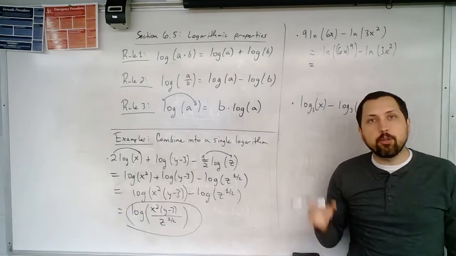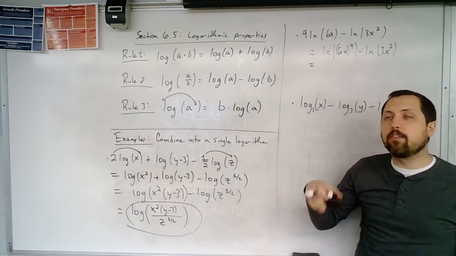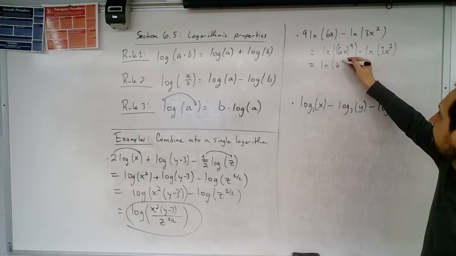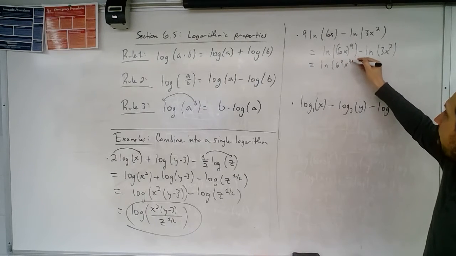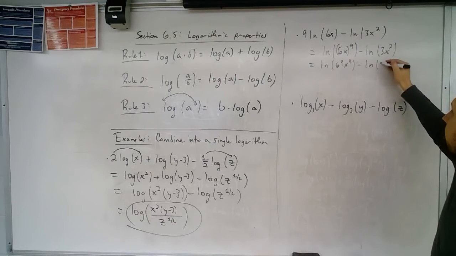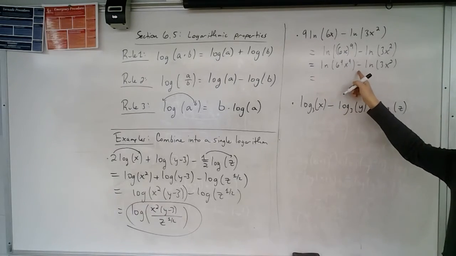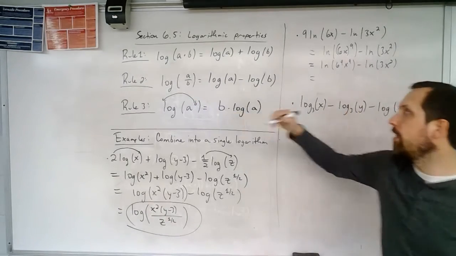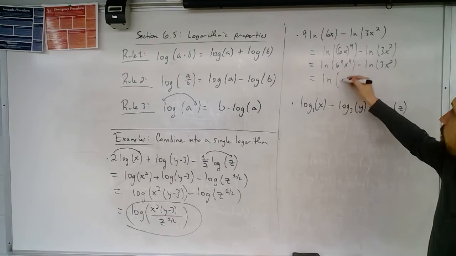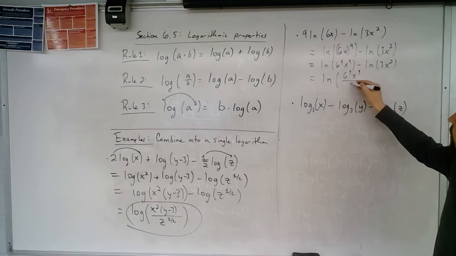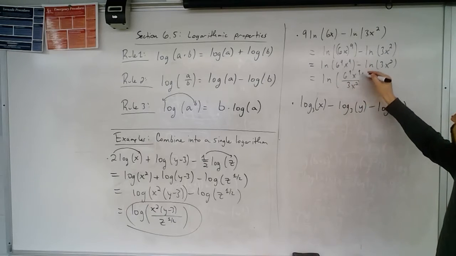So if you'd like, you could use your regular rules of exponents and simplify this. So this will be natural log of 6 to the 9th times x to the 9th minus natural log of 3x squared. Now because I have subtraction on the outside, that becomes division on the inside. So I have natural log of 6 to the 9th times x to the 9th divided by 3x squared.